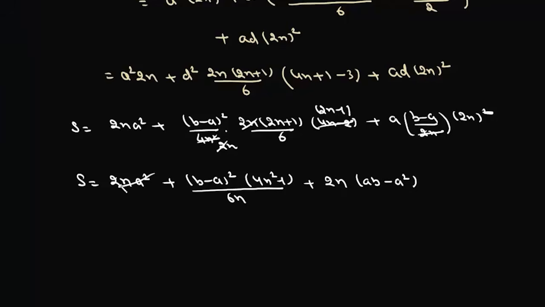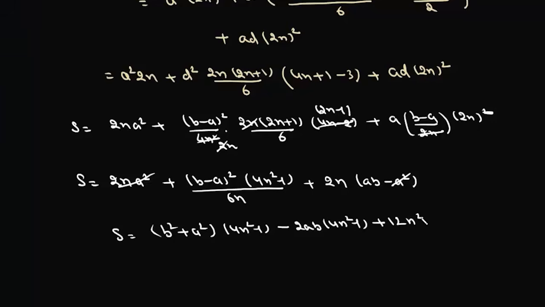Now 2n a square will also cancel, so this sum will be (b square plus a square) into (4n square minus 1) and then minus 2ab, so there will be minus 2ab into (4n square minus 1), and this is plus 12n square ab, whole divided by 6n.